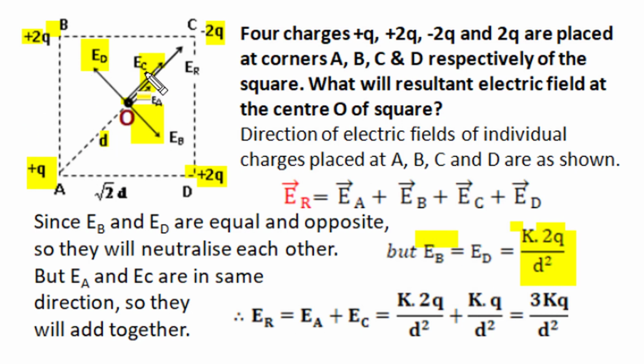Similarly, the electric contributions of EA and EC in the same direction will add up to give the resultant electric field. So the resultant electric field is the simple summation of the contribution of the charge at position A at D distance and the charge at position C, magnitude 2Q, at D distance, and the resultant is 3KQ upon D square directed in the A to C direction at point O.